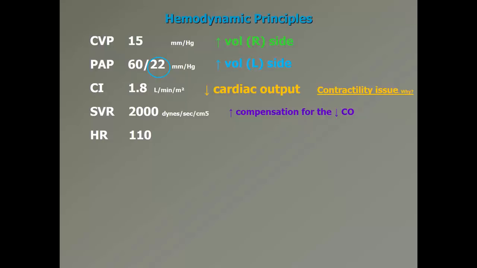All the kidneys recognize is, I've got to filter blood. I need cardiac output, and a lot of it, for every beat or for every minute. And when the cardiac output goes down, regardless of the reason, whether it's a volume depletion or volume overload, they don't care what the problem is. The kidneys just recognize that they're not getting enough of a cardiac output, and therefore they will initiate the RAS.